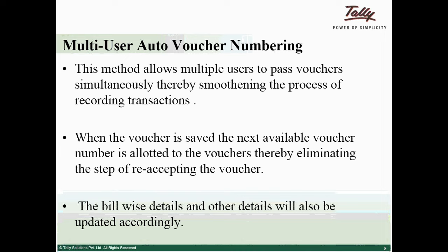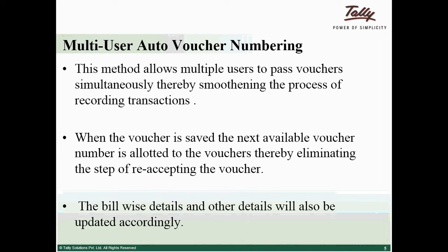When multiple users are attempting to pass the same voucher simultaneously, the process may be hindered due to the voucher number allocation. When a specific voucher number is used by one of the users, the other user will have to re-accept the voucher so that the next available voucher number is allocated to this voucher.